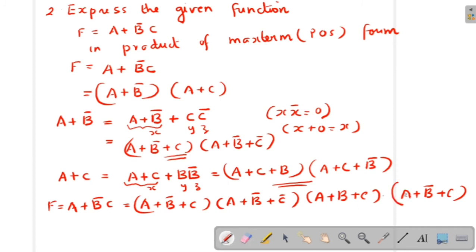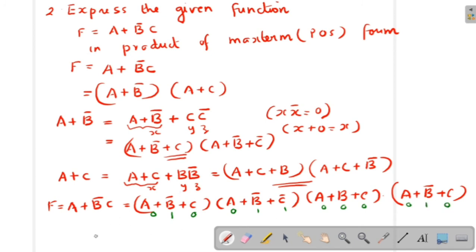Okay, so this is actually POS form. In POS form, if the variable is unprimed, then it is 0, and if primed, it is 1. So this is 010, this is 011, this is 000, this is 010.